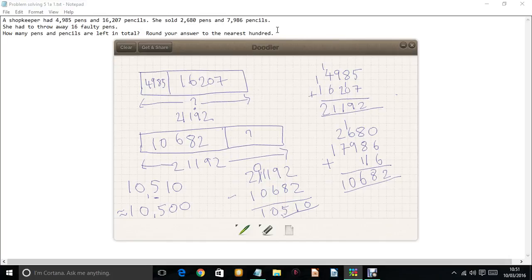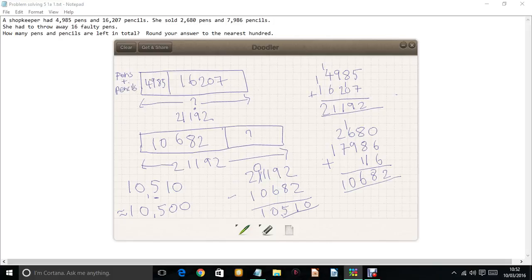Now, there's two ways I could go about doing this question, and I've already drawn out one way of looking at it. In this first one, I drew a large block, and this represented both pens and pencils.